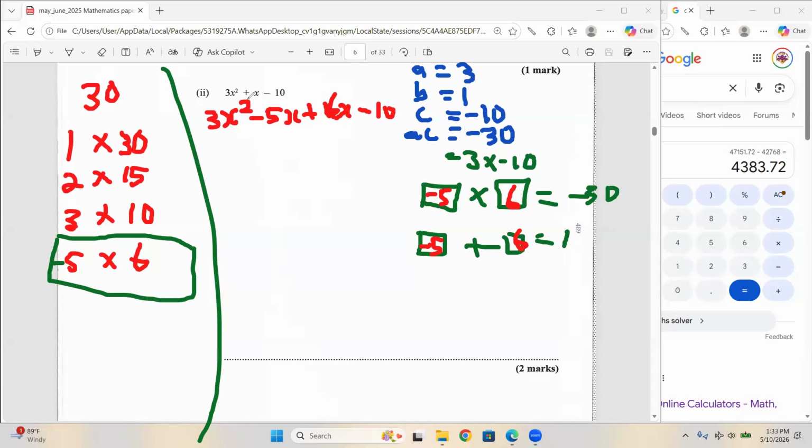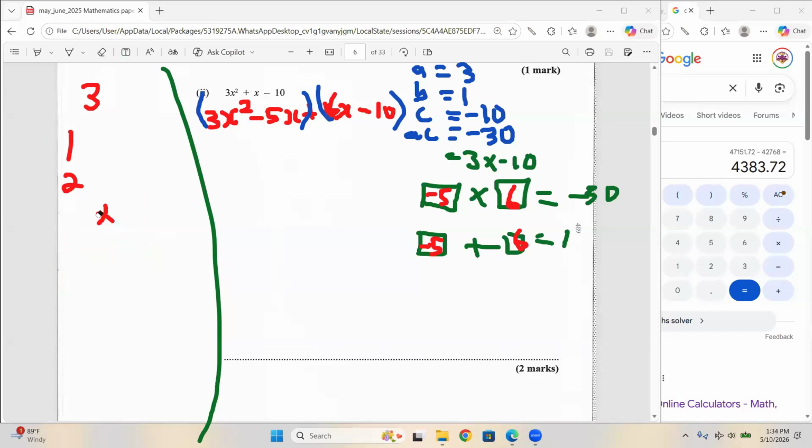Okay, so I just replace that there, and then I'll put them in brackets. I'll put this in a bracket, put that in a bracket. What we can do next is factor out the brackets. So that's the best way to do it to avoid making an error.